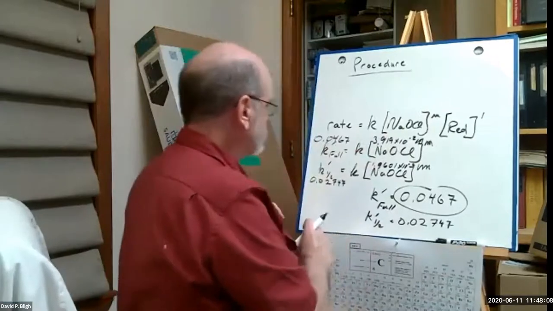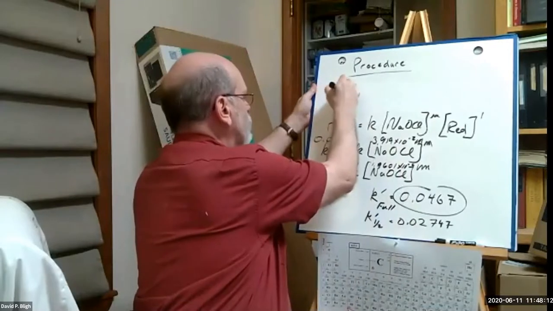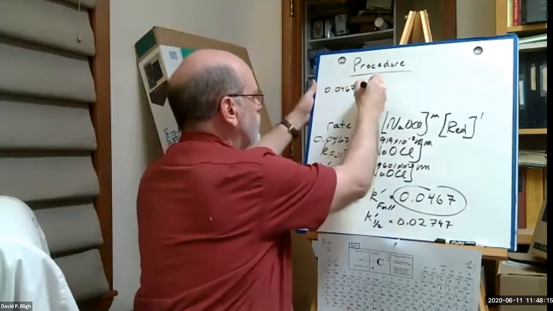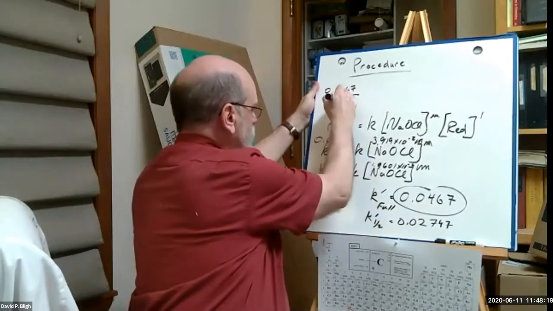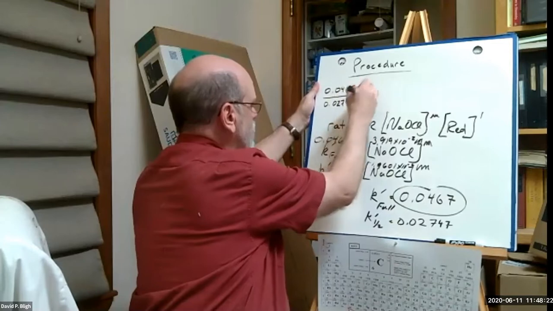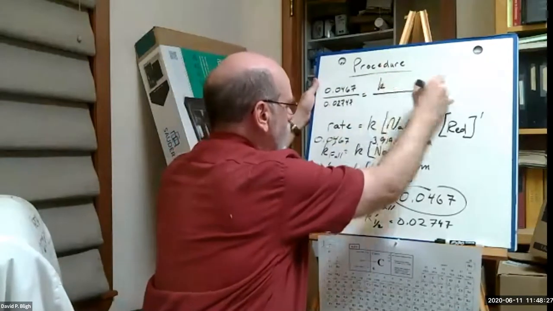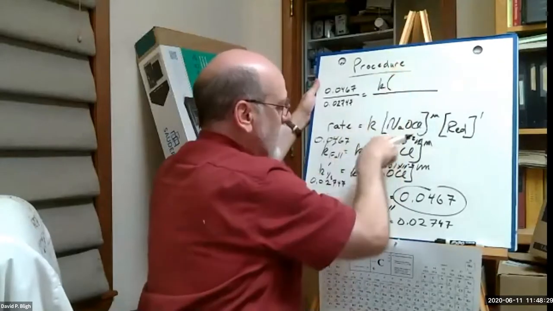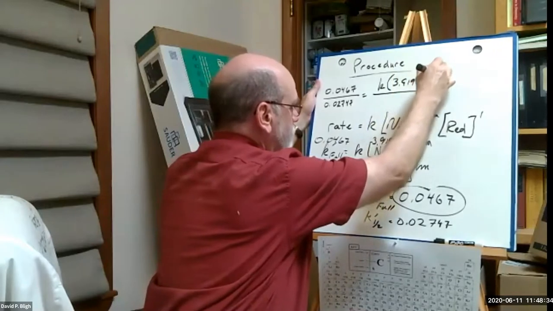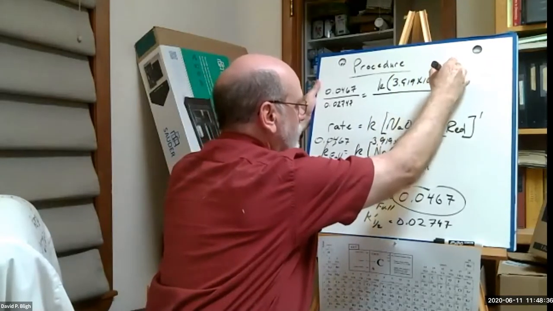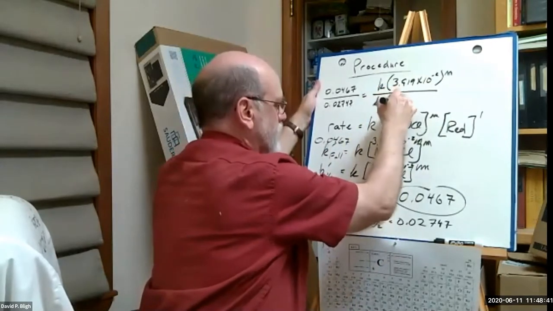So if we divide this one, 0.0467 divided by 0.02747 equals this one divided by that one. K times this concentration to the m, and this one, this concentration.